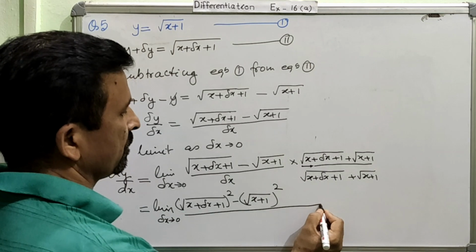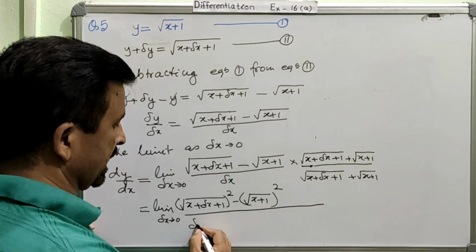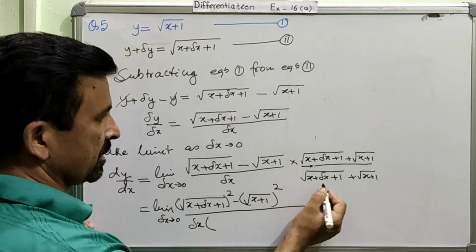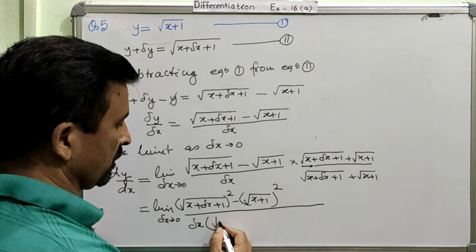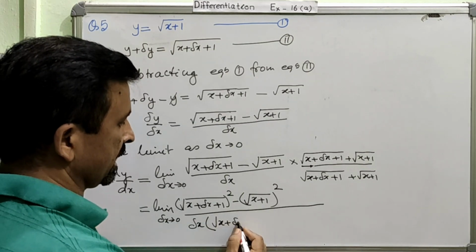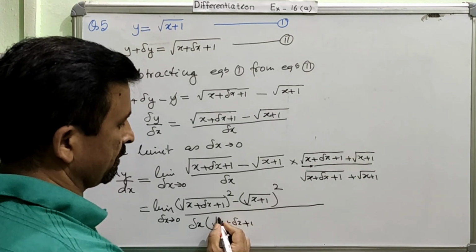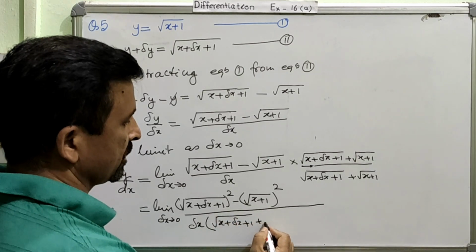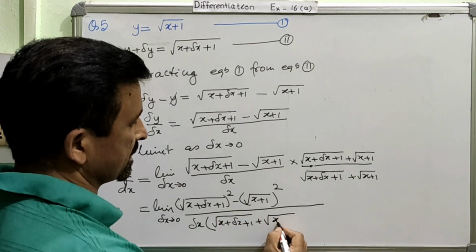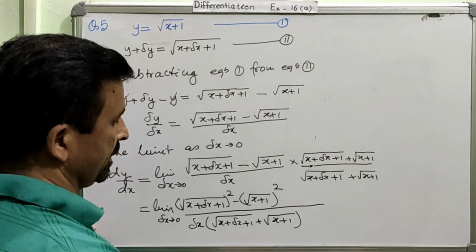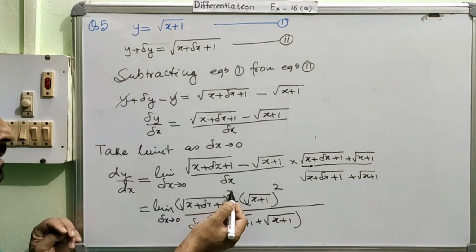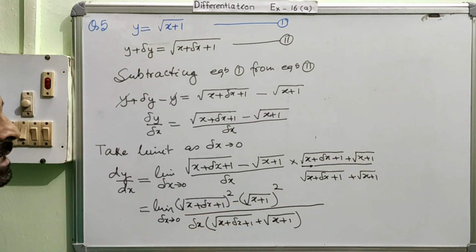Denominator we will write this as delta x into these two, root over x plus delta x plus 1 plus root over x plus 1. Is this okay? Now you know, like this square and this square will get cancelled.